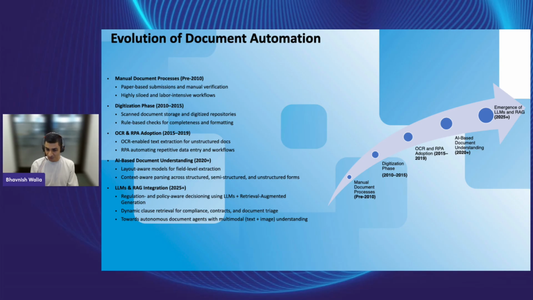Come 2025, another layer of complexity is added to it. Not only are we able to read those documents, but we are also incorporating retrieval augmented generation, where we are pulling the relevant clauses that pertain to a particular customer and, along with the data extraction, helping to make these decisions more efficient and automatic.